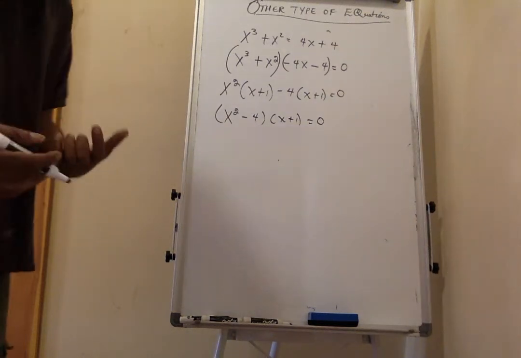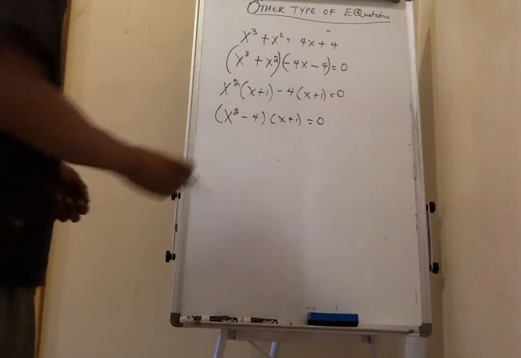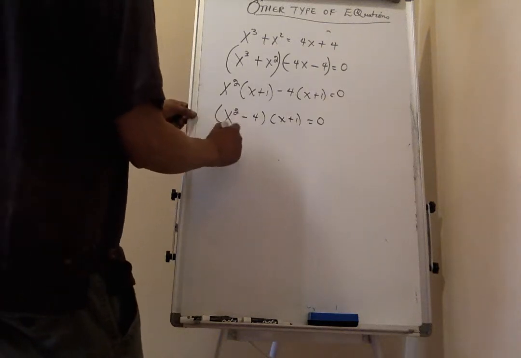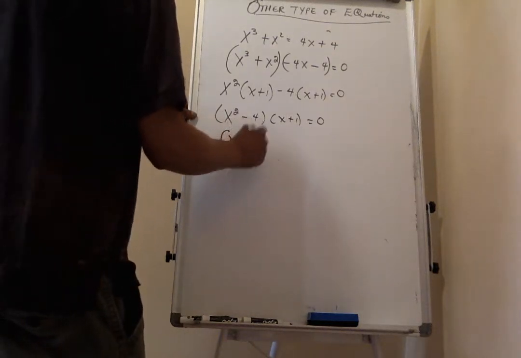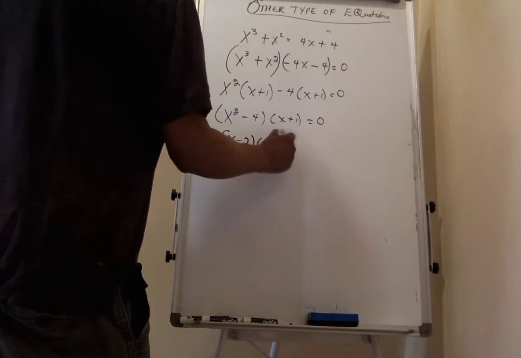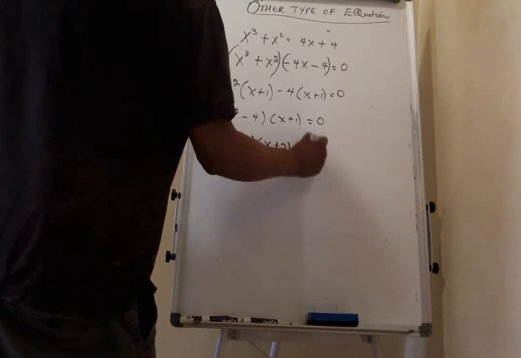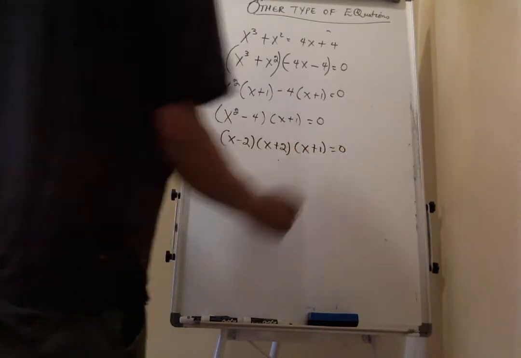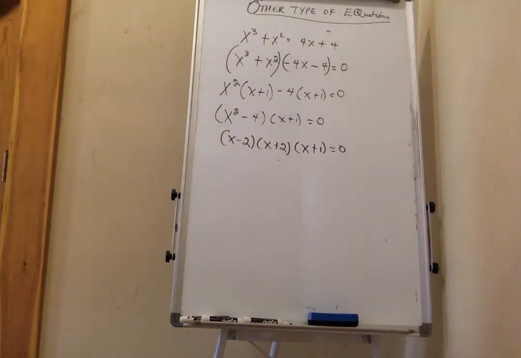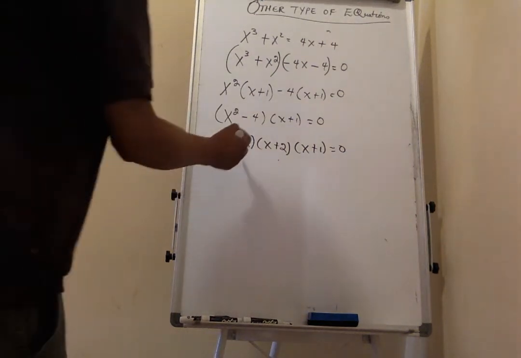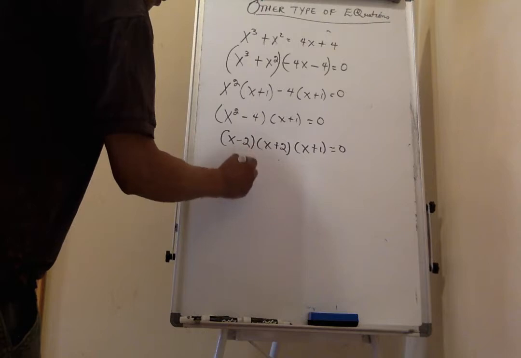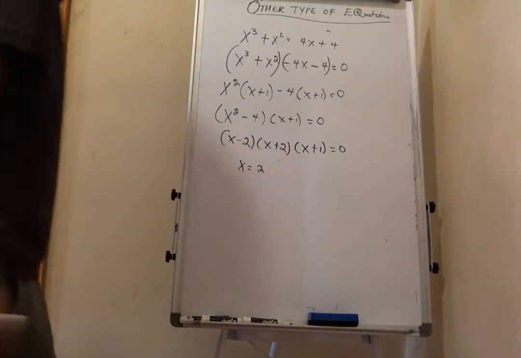I'm going to jump a few steps because by now you are an expert. x squared minus 4 is the difference of two squares. So this would be x minus 2, x plus 2, x plus 1 is equal to 0. And if we solve each expression, x minus 2 is equal to 0 gives us x equal to 2.